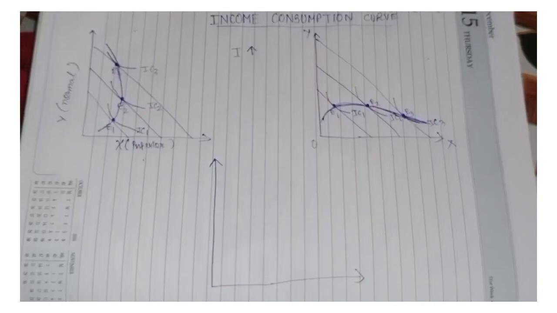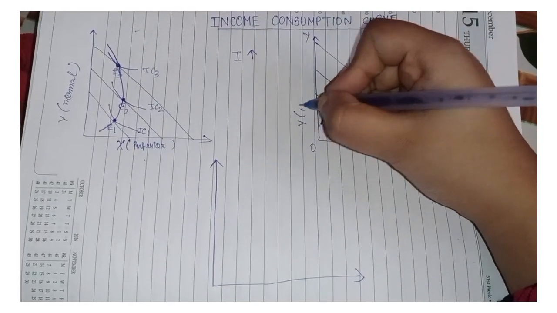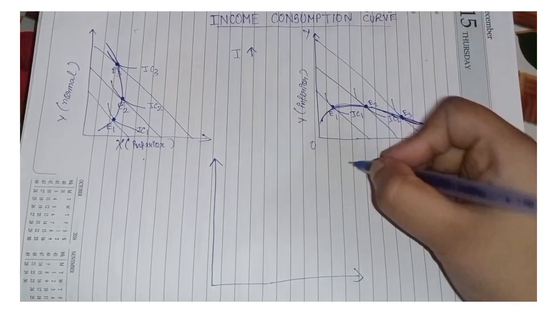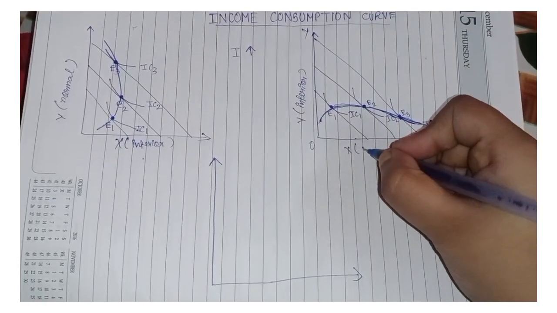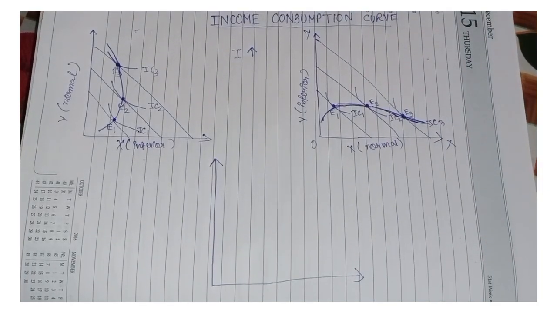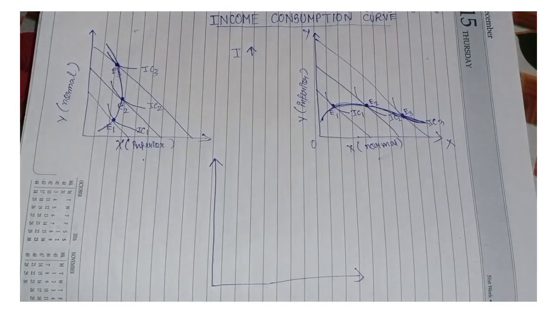Now in this case we can see that y is our inferior good and x is our normal good, because always remember that the consumer will prefer the normal good, not the inferior good.